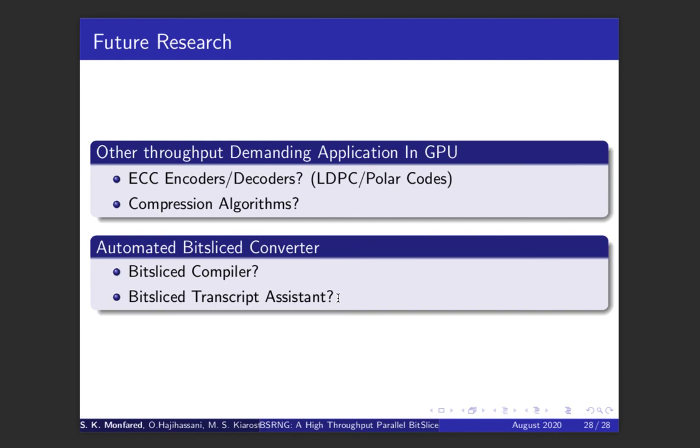Also, we are looking at automated conversion to BitSliced code, for example a BitSliced compiler, which compiles the code in a BitSliced manner at compile time, or a BitSliced transcript assistant, which assists the developer to develop code in BitSliced conventions.